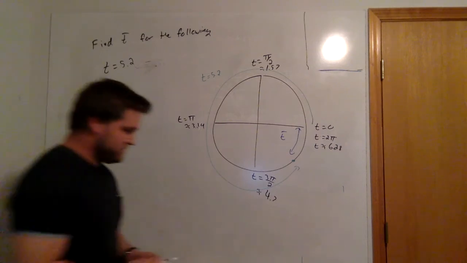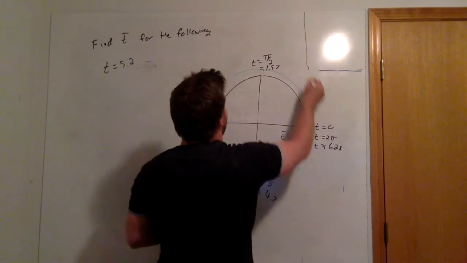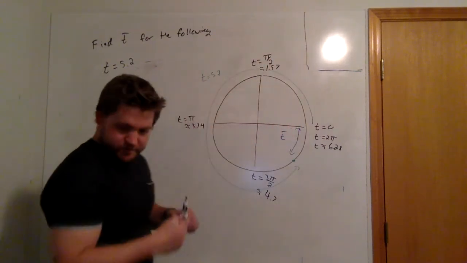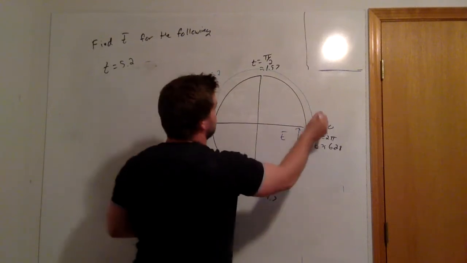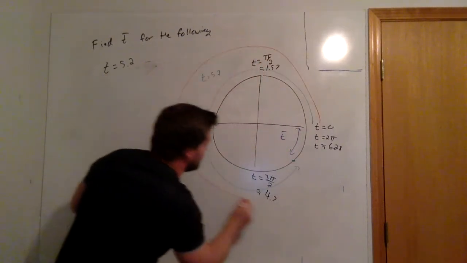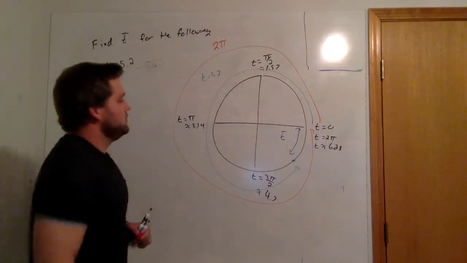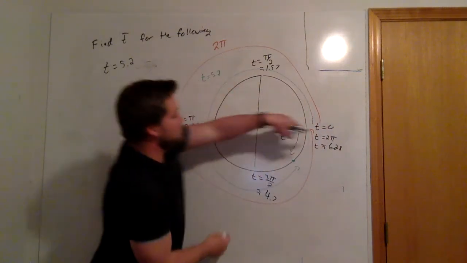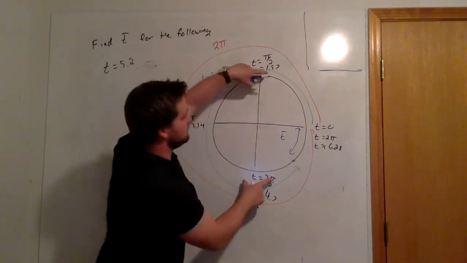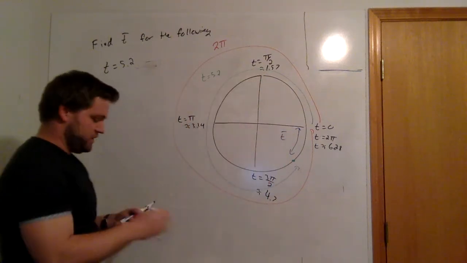What I'm going to notice for this example is that if I go all the way around the circle, that is a distance of 2 pi. So if I take 2 pi and subtract off the green, I should be able to get what t-bar would be here.